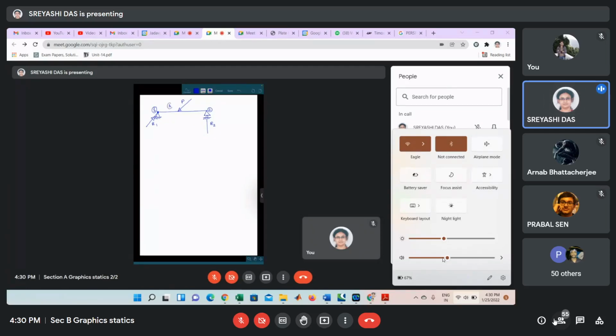Suppose this is space name A, space name B, space name C. So AB denotes the force P. BC denotes the vertical reaction R2. And CA denotes the reaction at 1. Okay.